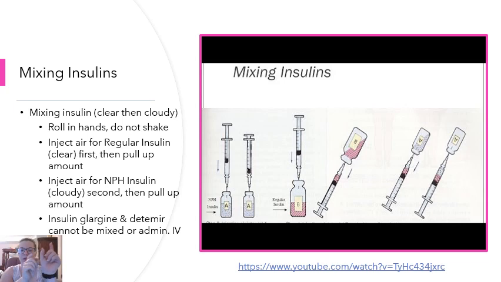And then when you come out of the vial, you should have a total. So if you needed 3 units of regular and 2 units of NPH, then your syringe should read 5 units.